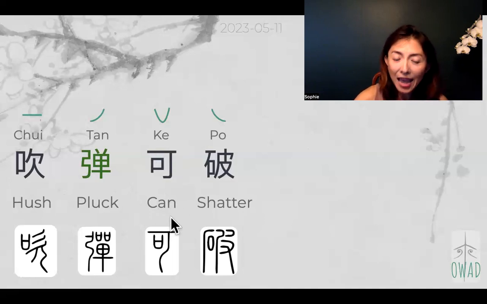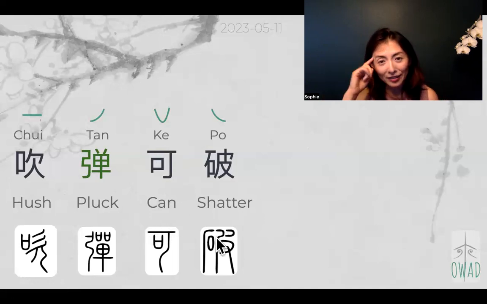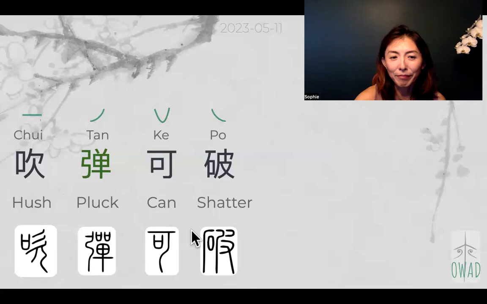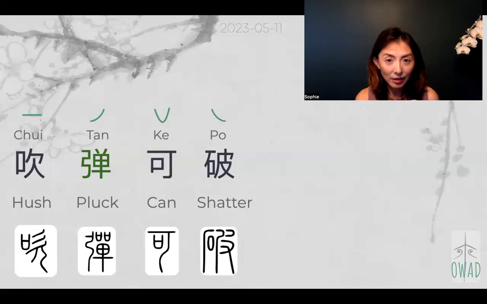Okay, this can symbol we come across a lot of times, because I don't know why Chinese use can so much in their language. I guess can means this potential, this possibility. It's not like a guarantee, right? When we insert can in there, that means it's one possibility, something could happen this way.